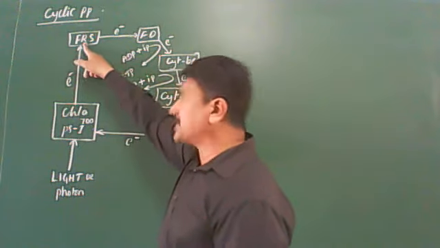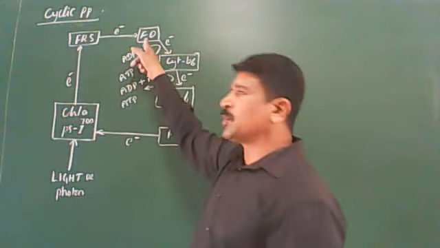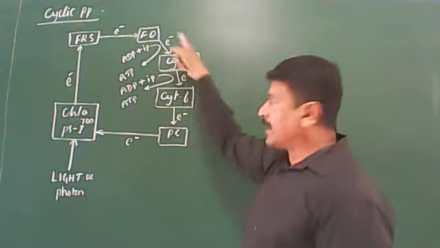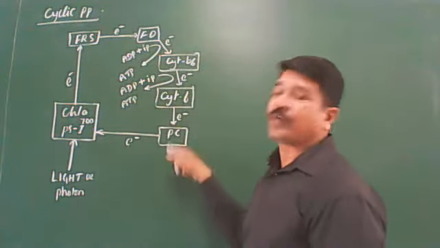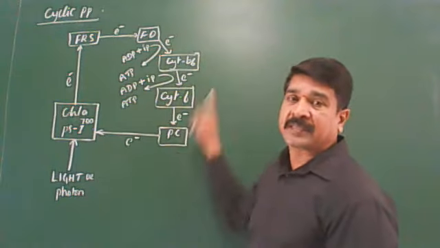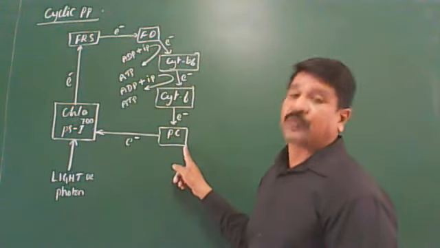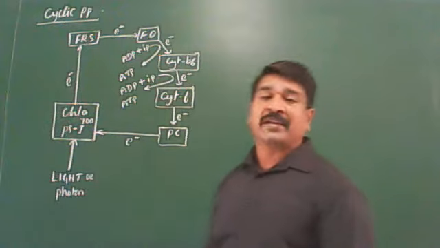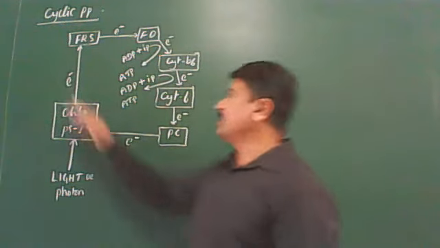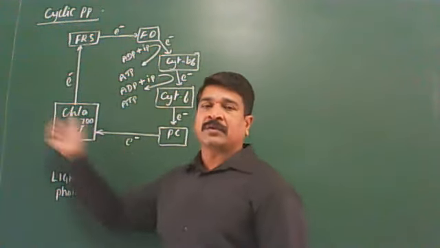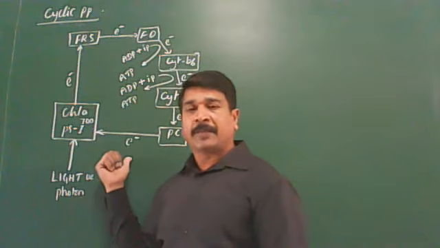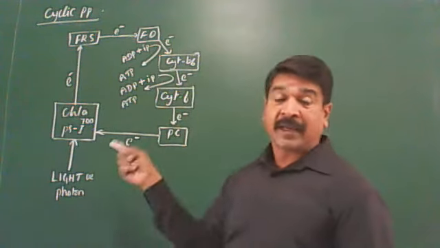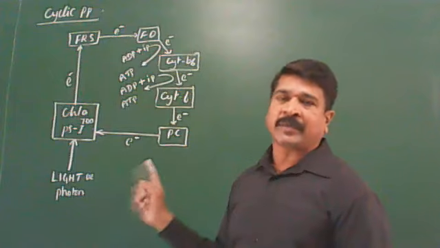From the ferredoxin reducing substance, electron is transferred to coenzyme ferredoxin. From the ferredoxin, electron transfers through a series of cofactors like cytochrome B6, cytochrome F, and plastocyanin. Finally, from the plastocyanin, electron is transferred to ionized chlorophyll P700. On receiving the last electron, it becomes reduced, and this electron fills the gap in its reaction center so that it can again repeat the process. Hence the name cyclic photophosphorylation.